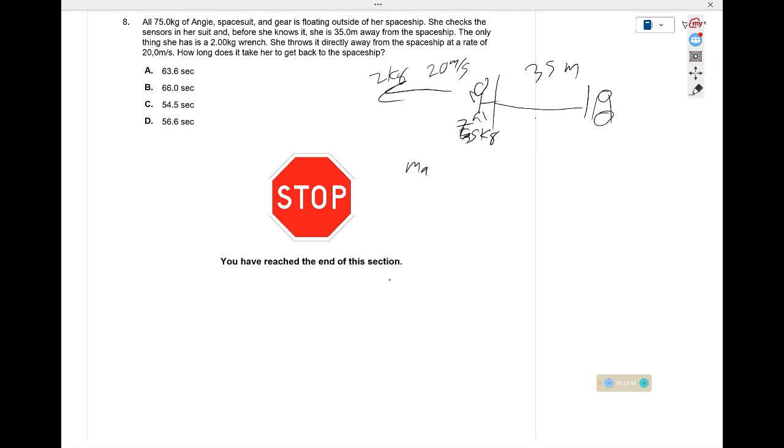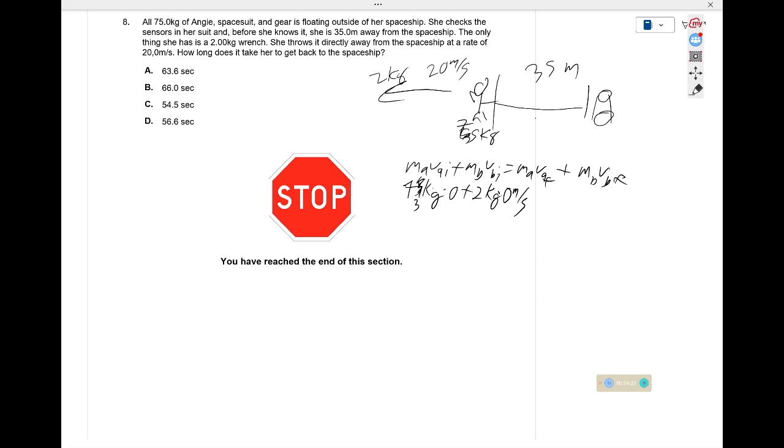We're going to have mass A v sub a sub i plus mass B v sub b sub i equals mass A v sub a sub f plus mass B v sub b sub f. So we have Angie at 73 kilograms, because when she's starting off, that 75 kilograms includes the 2 kilogram wrench.